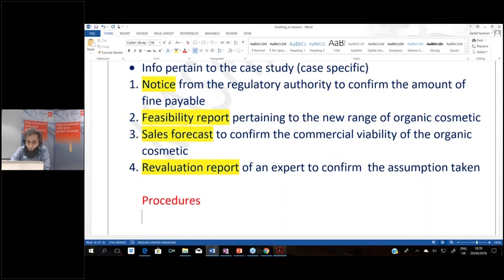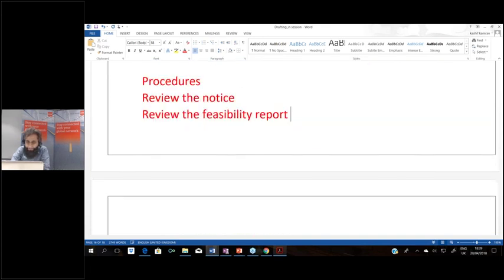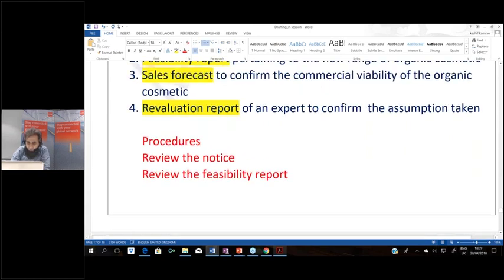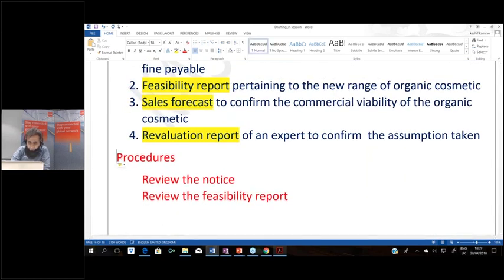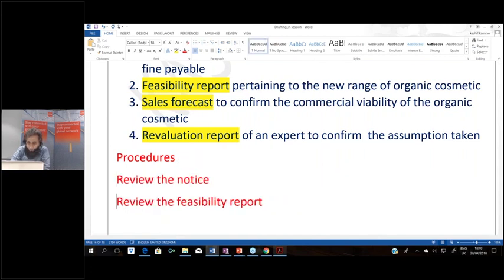I'll say review the notice. See, I added a verb. Then I'll say review the feasibility report. Then the same list continues. Okay, let me bring it on the same page so you can take a common sense of this.